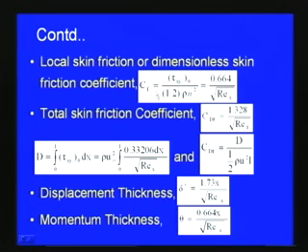Then he derived the local skin friction coefficient as Cf = tau_xy at 0 divided by half rho U², that is equal to 0.664 divided by square root of Re_x.